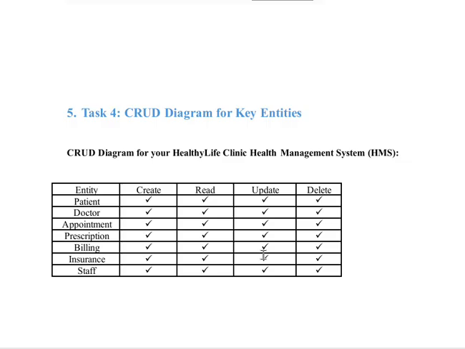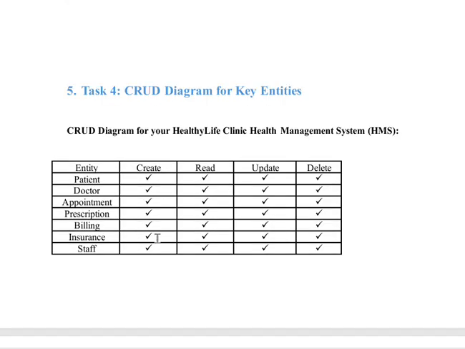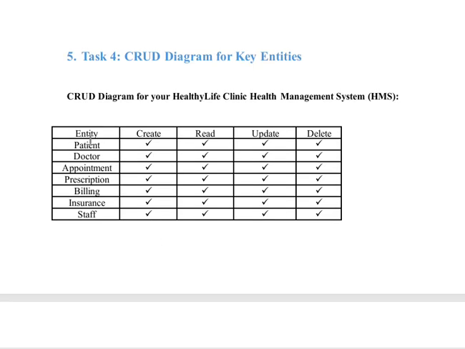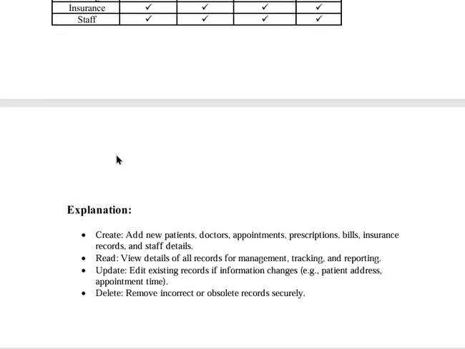The doctor also can create, read, update and delete the appointments information. This is my CRUD diagram for patient, doctor, appointment, prescription, billing, insurance and staff for the Healthy Life Clinic health management system.